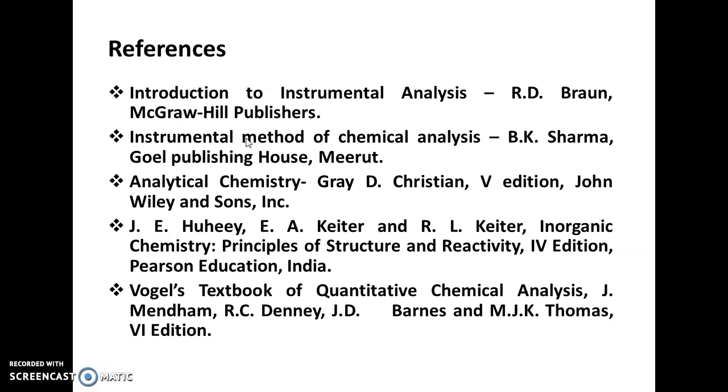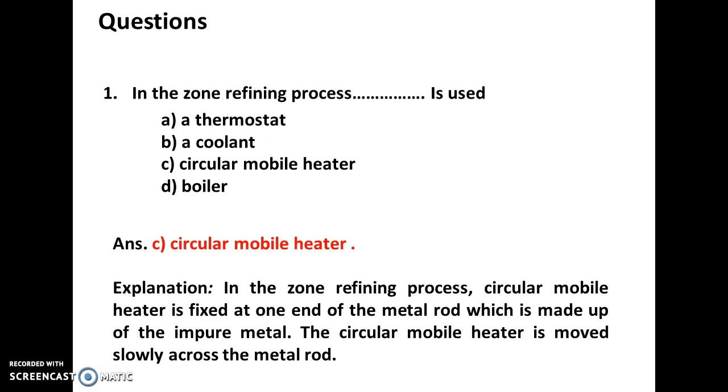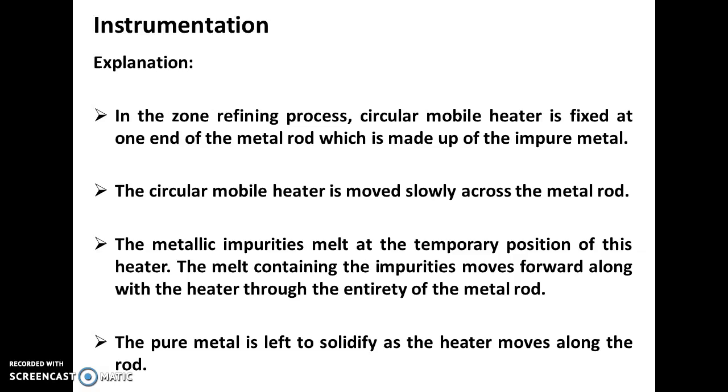Now let us recall once again the explanation for the instrumentation. The zone refining process includes a circular mobile heater which carries the impurities along with the metal rod.